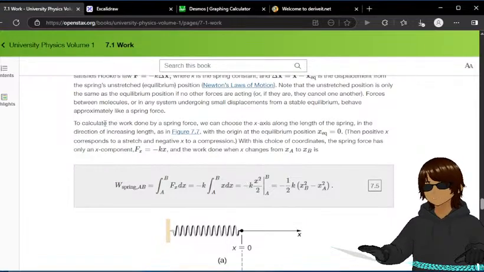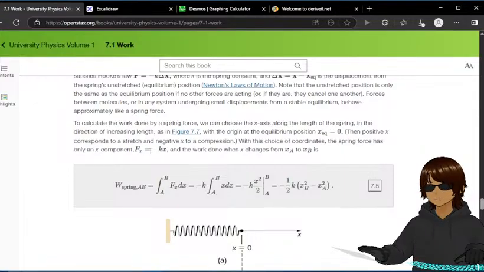Calculate the work done by a spring force. We can choose the x-axis along the length of the spring in the direction of increasing length, as in figure 7.7, with the origin at the equilibrium position, so x equilibrium is equal to 0. The positive x corresponds to a stretch and negative x to a compression. With this choice of coordinates, the spring force has only an x component.